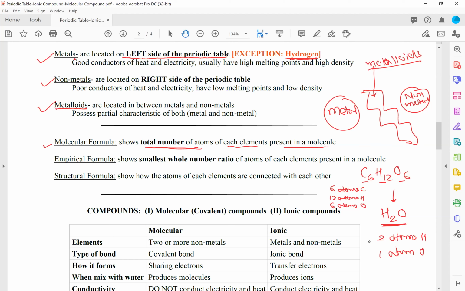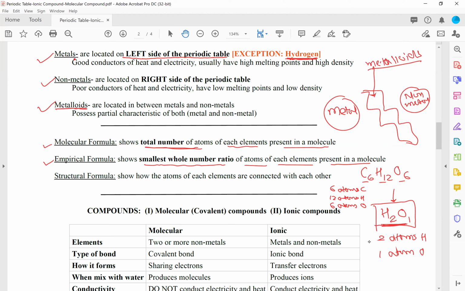The thing that we need to understand is the empirical formula. What is the empirical formula? The empirical formula is the smallest whole number ratio of the atoms of each element present in the molecule. What does it mean? It means if I want to simplify a formula, for example H2O, to the smallest whole number ratio, I cannot do that anymore, because this is 2 of hydrogen, 1 of oxygen.